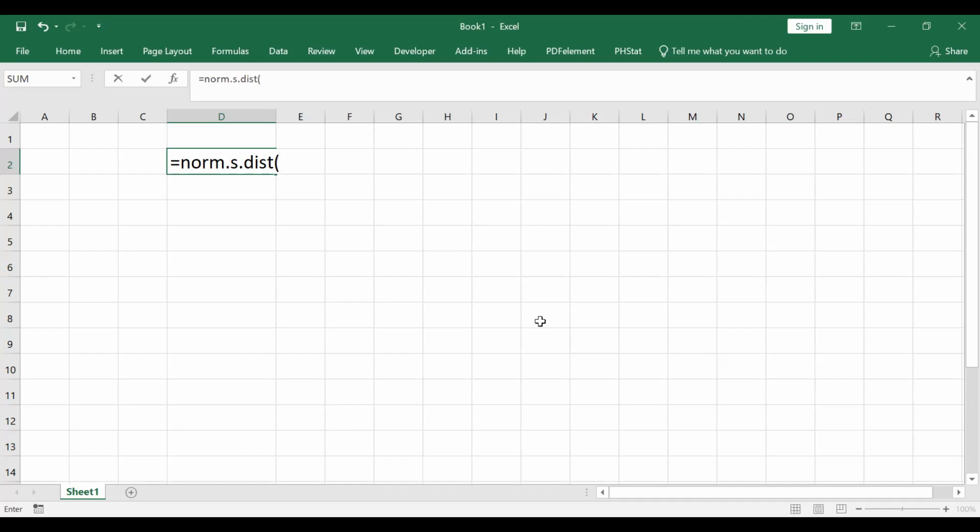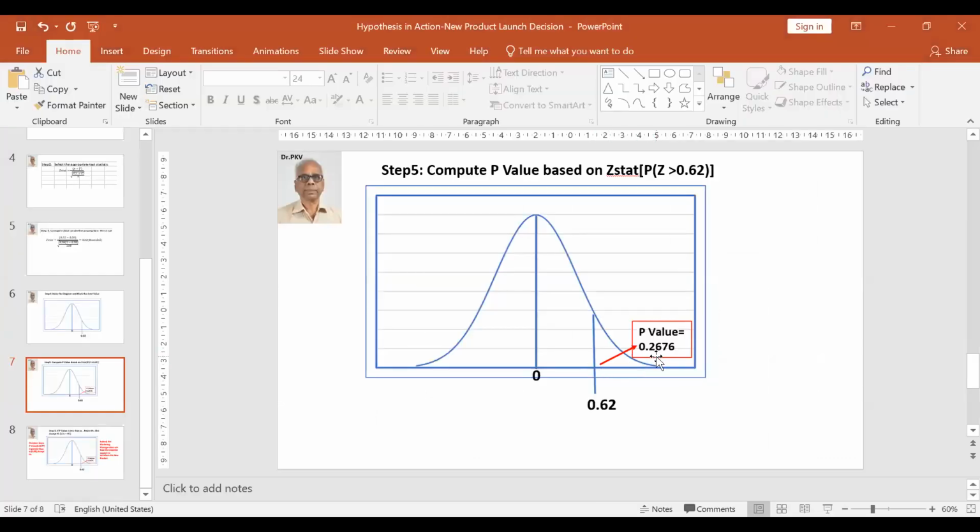In this case, it is 0.62. But as you can see in the diagram, this 0.62 is to the right. Excel gives the cumulative up to 0.62. Therefore, whenever the ordinate is to the right, we must subtract the cumulative probability from 1. If it is left, it is straightforward.